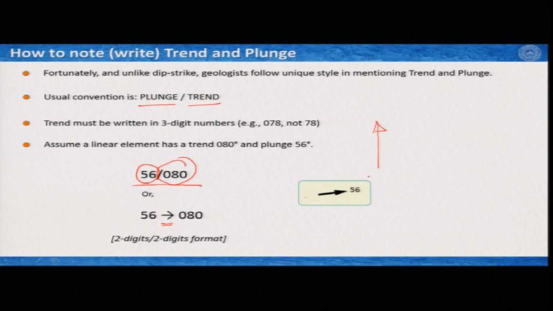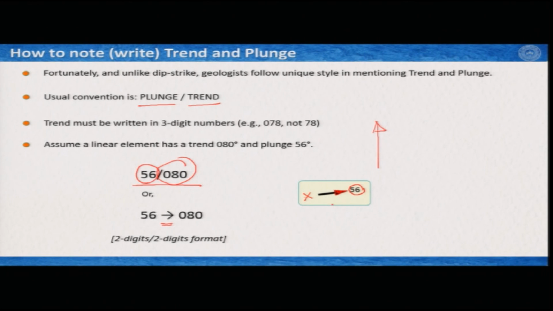If the plunging is happening at 56 degrees towards 80 degrees, then you mark an arrow towards that side, not this side but this side, because this is the direction your line is sloping or plunging, and you mark the 56 degrees. So, this is how you write.